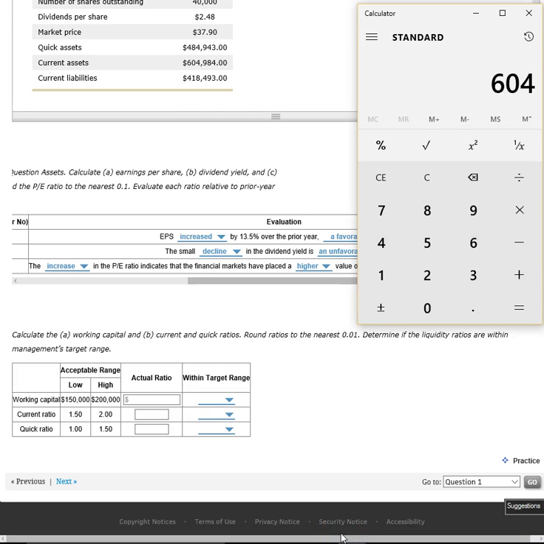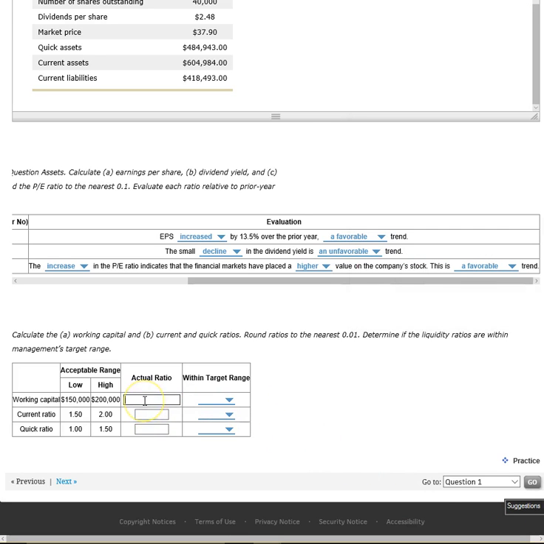So current assets minus the current liabilities. I got 186,491. And that looks to be within target.